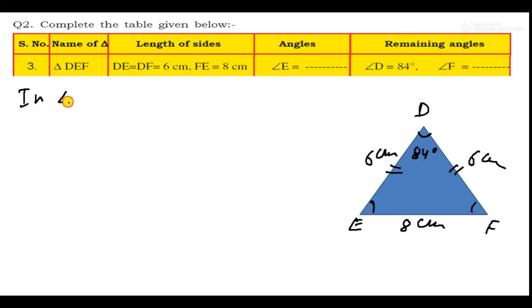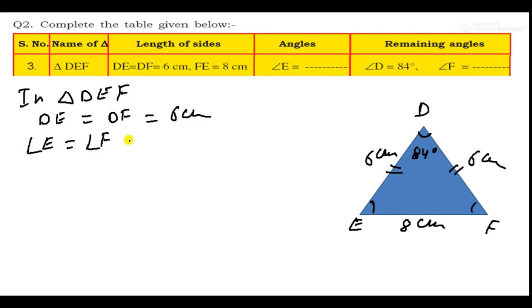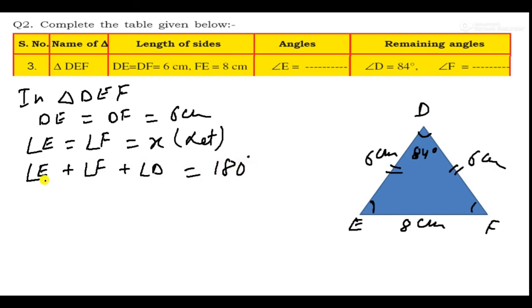Now in triangle DEF, as you know, DE is equal to DF is equal to 6 centimeter. So opposite angles are also equal. So angle E is equal to angle F, and let it be x degree. So in the triangle, angle E plus angle F plus angle D is 180 degrees.